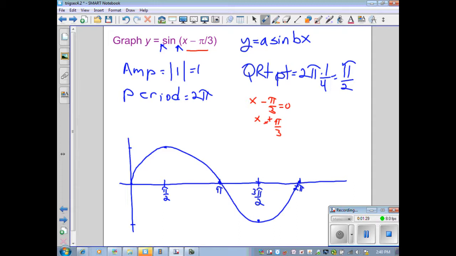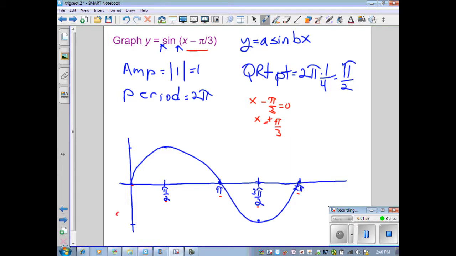And so what I'm going to do is shift all my quarter points of 0, pi over 2, pi, 3 pi over 2, and 2 pi to the right by pi over 3. So I'm going to add pi thirds to each one of those values and generate a point on each one of them, then generate a smooth curve using those values.